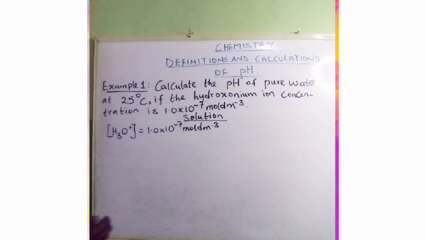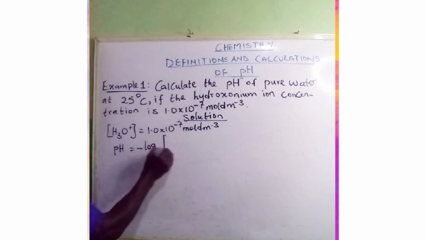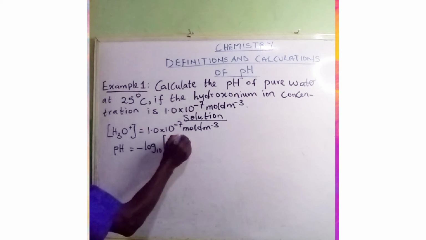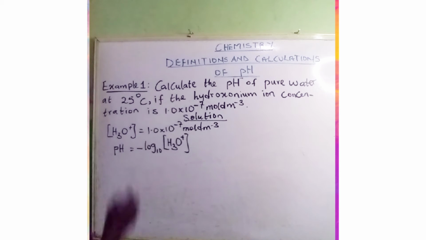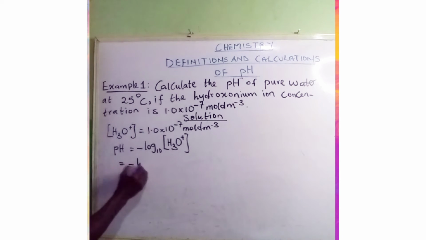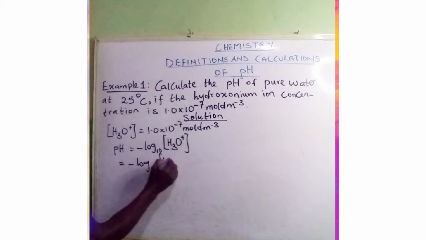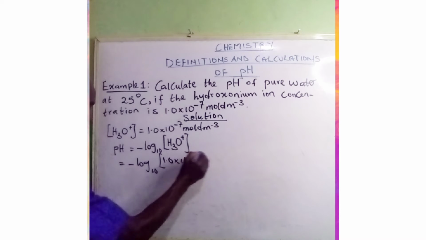From here, we call our formula for pH of hydroxonium ion to be equal to minus log to base 10 of concentration of hydroxonium ion. Now let us apply this. We have minus log to base 10 of the concentration, 1.0 times 10 raised to the power minus 7.